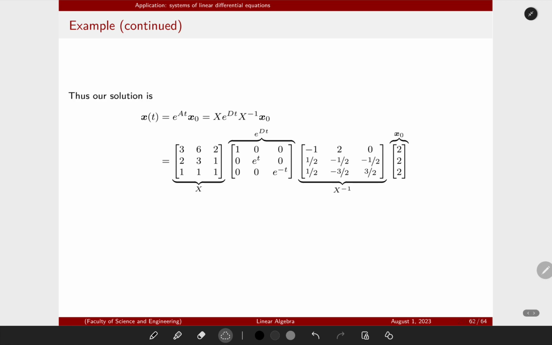And now we have 20 more slides of matrix multiplication. Just kidding, you can check this product by yourself, with a calculator or anything. No sane person would compute this by hand. And yeah, so this should be our result. So this is our vector valued function that satisfies our differential equation, system of differential equations, I should say. So this one.